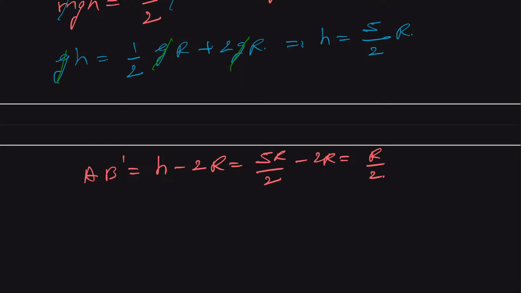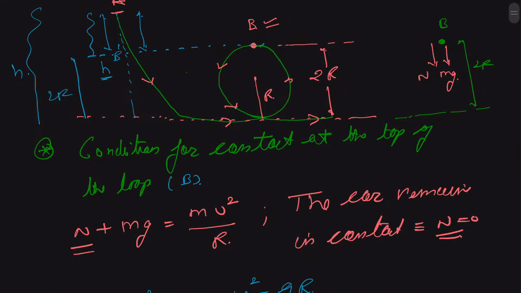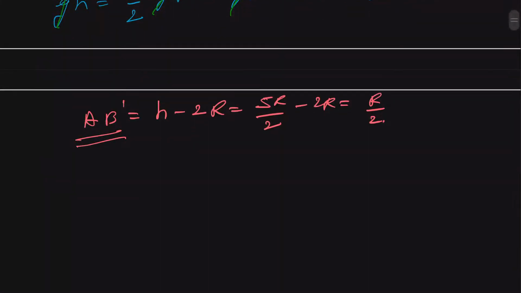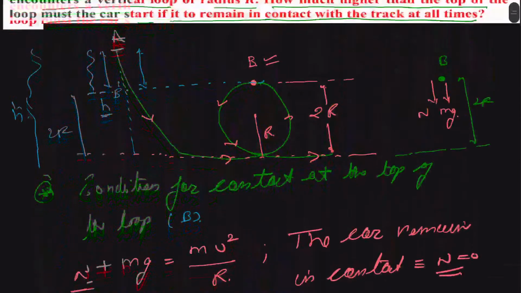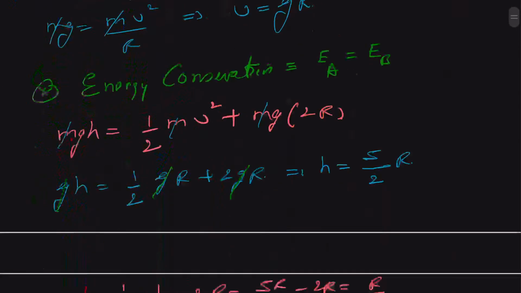So above the top of the loop, the height from which the car should be coming, so that the car remains always in contact with the loop, is r by 2. Okay, so this height is our r by 2. So this is our first question.